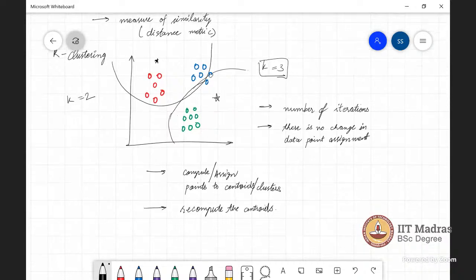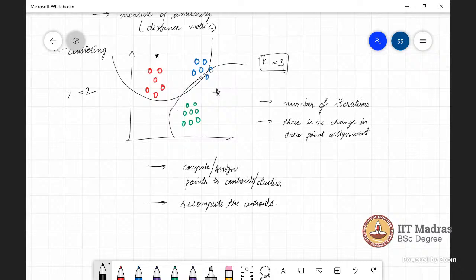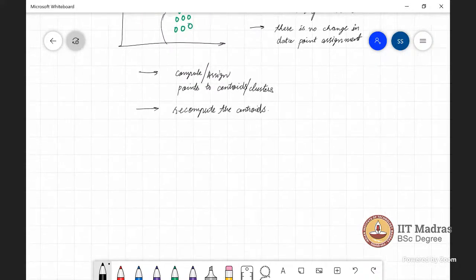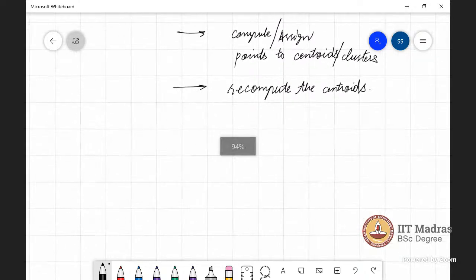So we have to repeat the entire k-means algorithm with different values of k and see which value of k is going to give us very good results. In order to do that, we have to find out how to measure which clustering is good and which is not. And for that, we have a definition for a loss function.